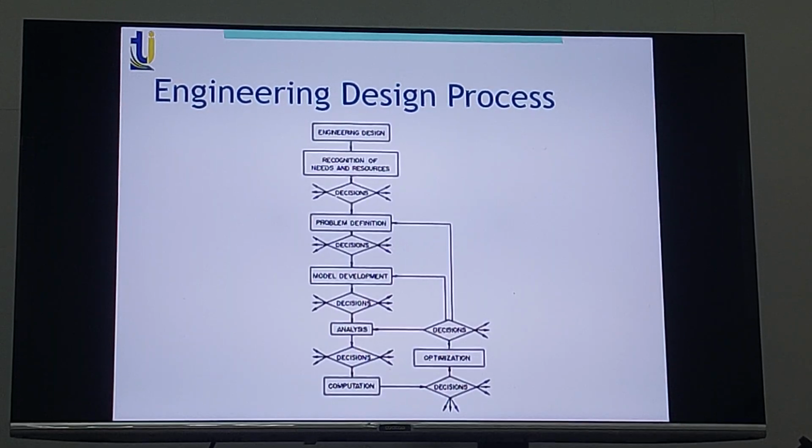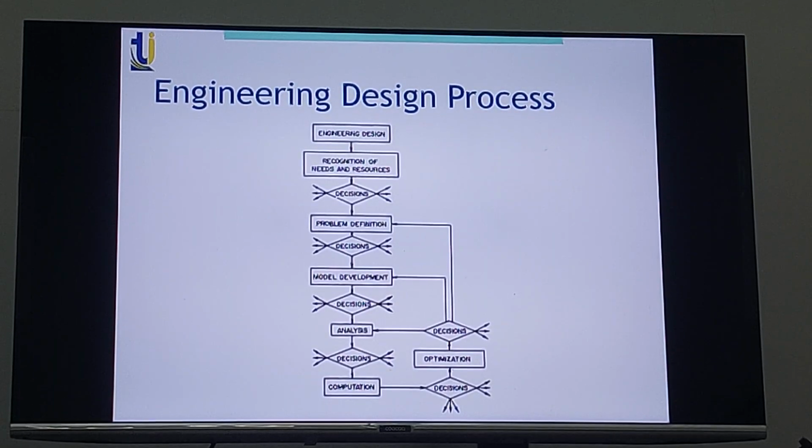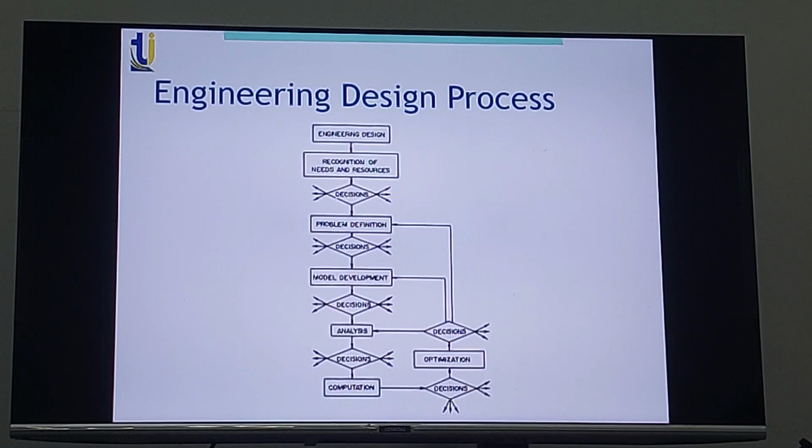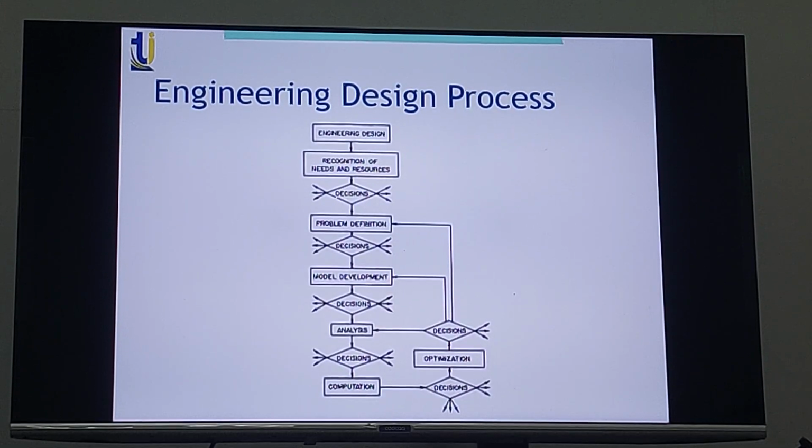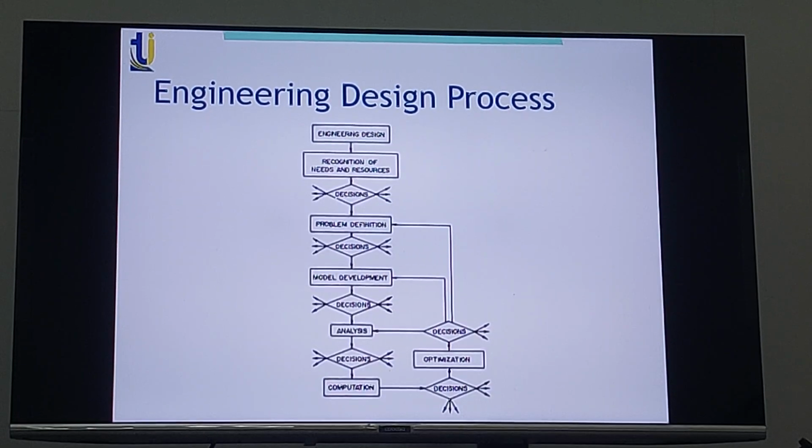What's the actual problem? Based on that, you develop the model based on what you need and what the problem is. Then you analyze, compute, then optimize, like to increase the complexity.